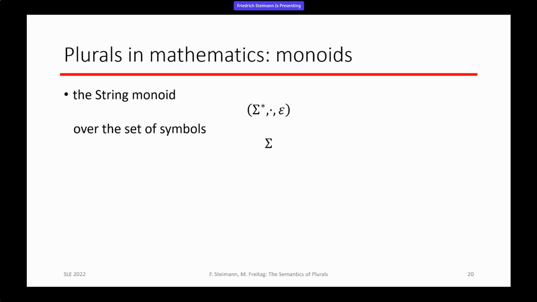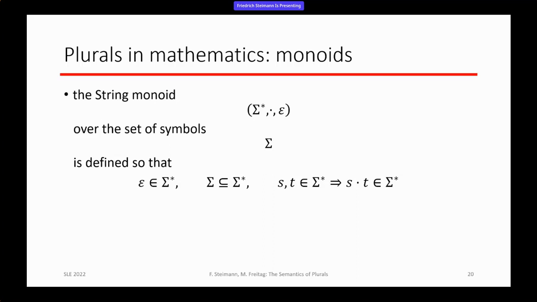So sigma is a set of symbols, and sigma star is the set of all strings of symbols. And they are basically constructed from taking the empty string and the elements of sigma and concatenating them. And then the result is a string, and the concatenation of two strings is also a string. And there's no nesting. You cannot have strings of strings unless you define your alphabet to be an alphabet of strings, which would return to the polymorphic thing.